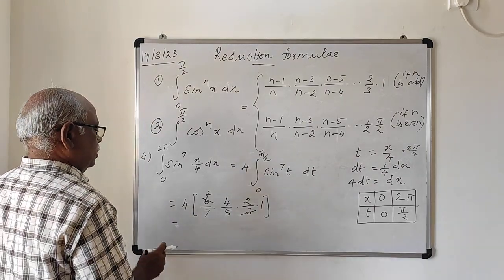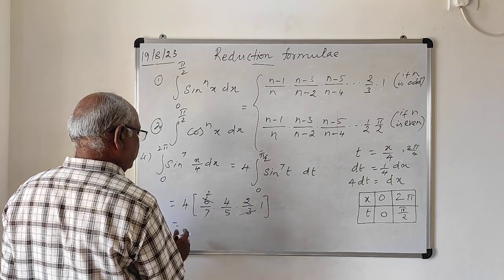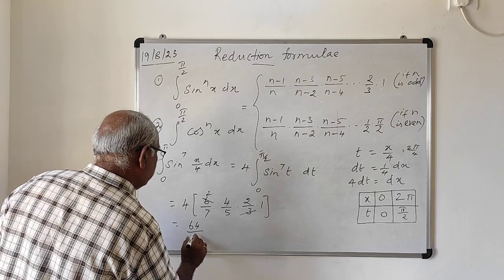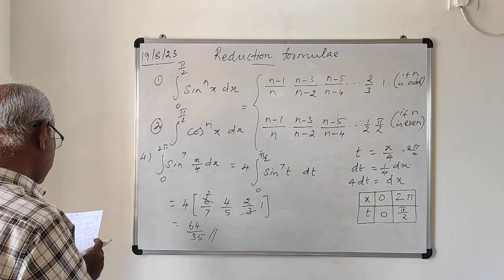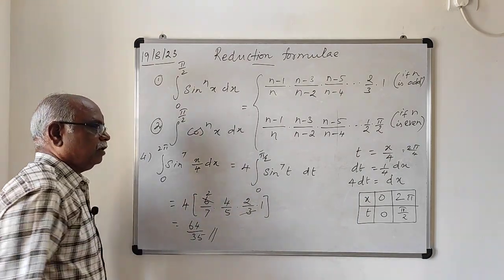Now what do you get? 4 4s are 16, 16 4s are 64, 7 5s are 35. That's all about this problem. 64 by 35.